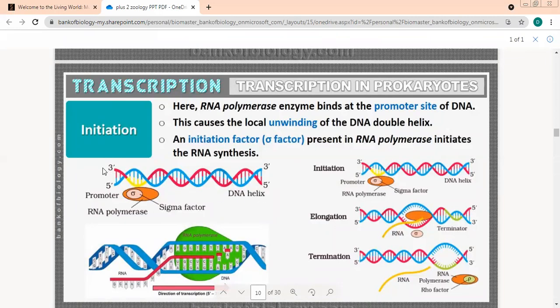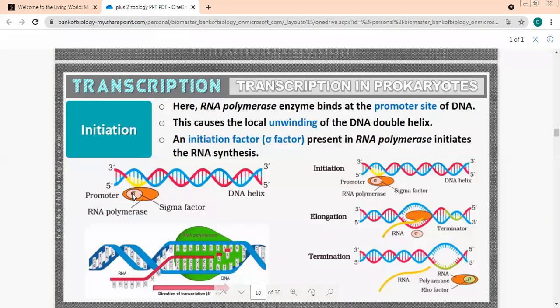Here it is all double strand, here also it is double strand. You have to see this, beta. Only in this area unwinding is happening. Can you see this yellow one and this RNA polymerase over here? So two very important things are happening. Number one, RNA polymerase is going to bind at the promoter site. And second, the most important thing happening here is the unwinding of the DNA double helix. If you look at it carefully, you're going to have a factor over here.